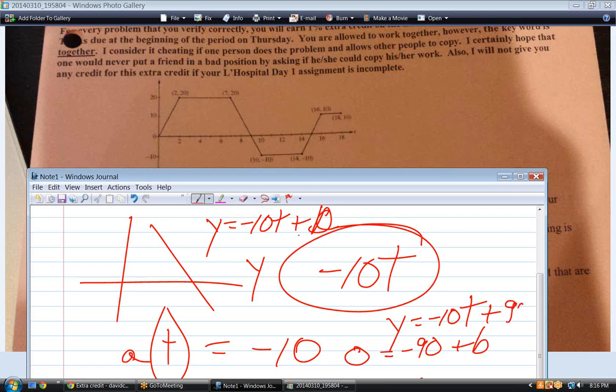So the equation of the velocity line between 7 and 10 is y equals minus 10t plus 90. That's the expression of that line.